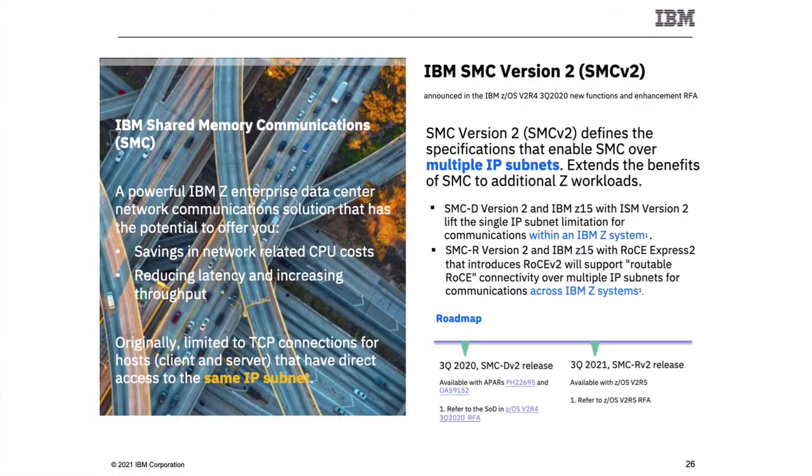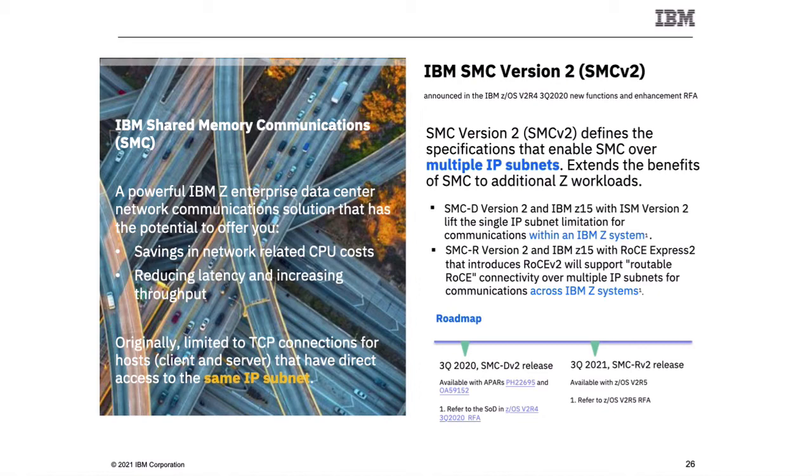IBM previously issued a statement of direction for SMC version 2 that extends the benefits of SMC to additional workloads and use cases by lifting the single subnet limitation for both SMC-R and SMC-D. Support for SMC-D V2 was made generally available on z15 and V2R5 of z/OS last year via APARs PH22695 and OA59152.